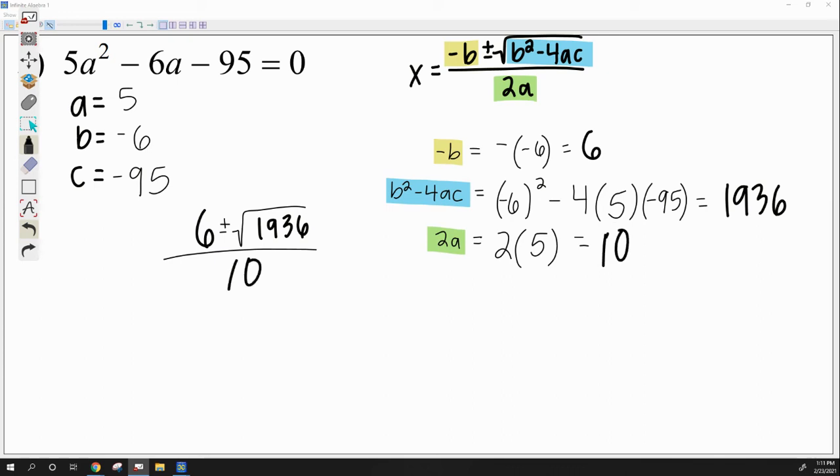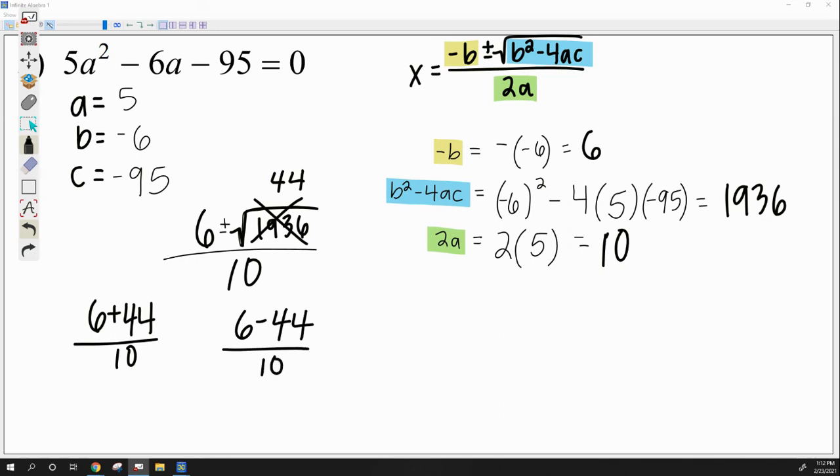Your next step is to take the square root of 1,936. See if it's a perfect square. What is it? 44. So then we need 6 plus 44 divided by 10 and 6 minus 44 divided by 10.